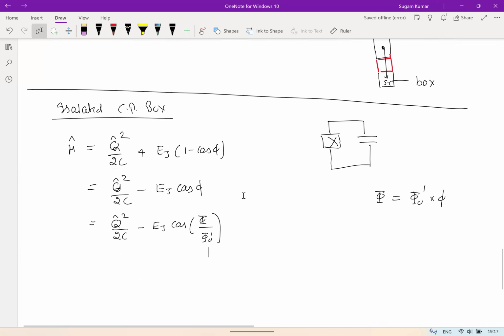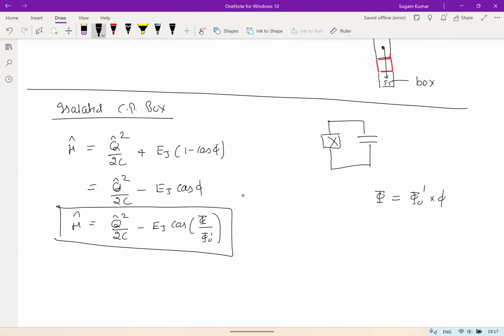What I'm going to do is write down this Hamiltonian. Now, if you recall the quantum harmonic oscillator, which is p square by 2m plus 1 by 2 k x square, this whole Hamiltonian is written in this format: h cut omega times (n plus 1 by 2).